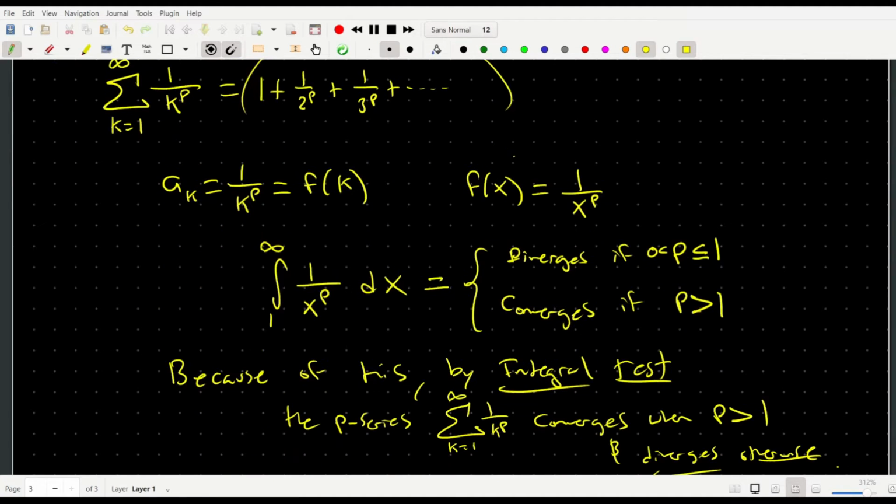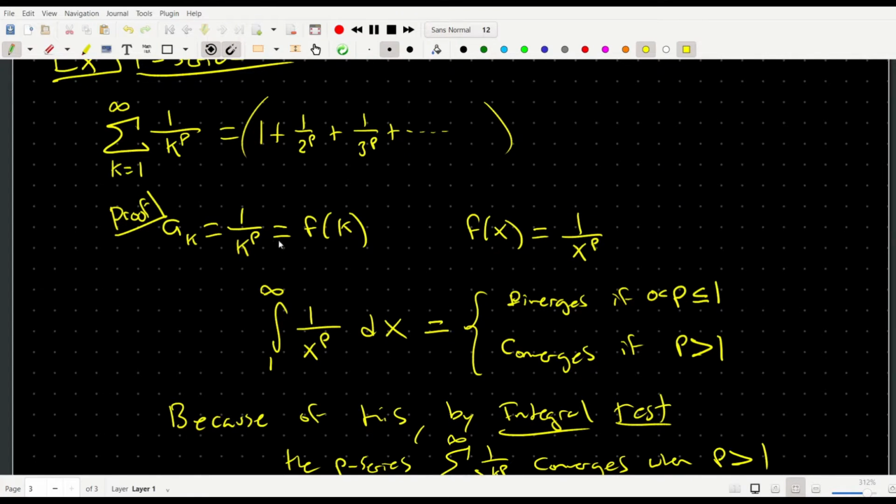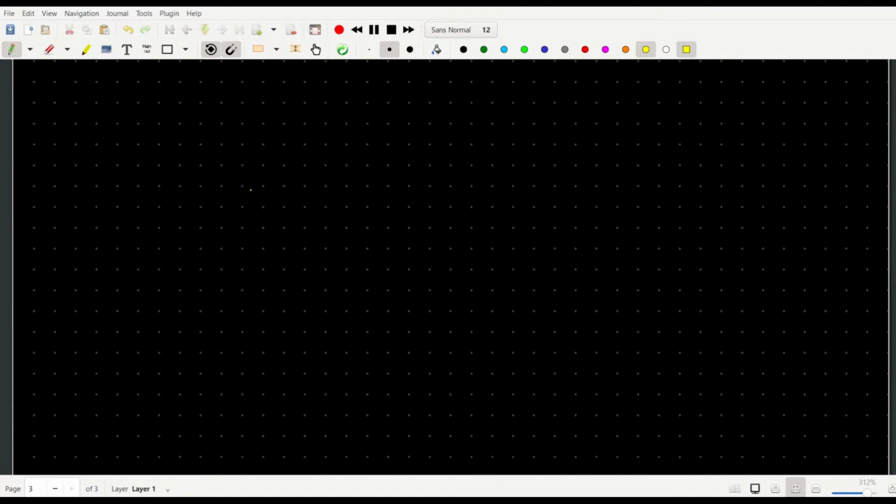So this is going to be a super important series for us, and this right here is just a proof that the p-series converges when p is greater than 1 and diverges when p is less than or equal to 1.